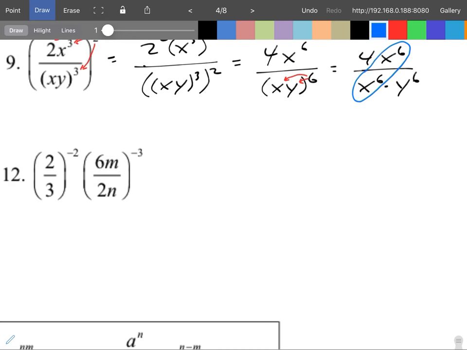Now, can anybody tell me what's going to happen to these x to the 6th right here? What's anything divided by itself? Somebody's got to unmute and tell me.